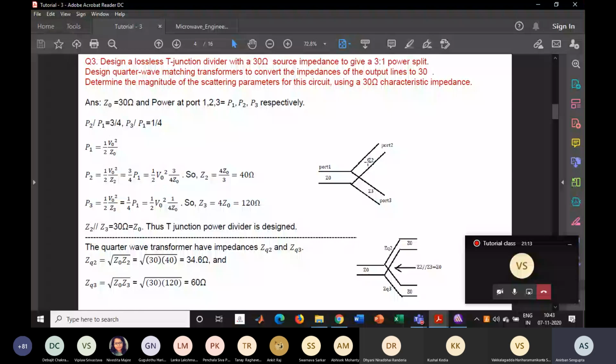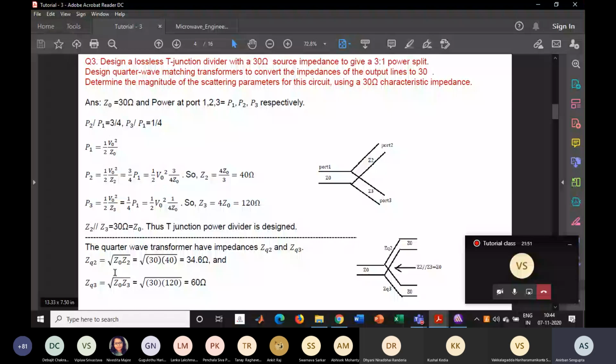Now, the second part comes: design quarter wave matching transformers to convert these impedances of the output lines to 30 ohm. For the quarter wave impedance section, if I use ZQ2 as the impedance for the second port and ZQ3 for the third port, then from the equation of quarter wave, we can find ZQ2 equals under root Z0 Z2.